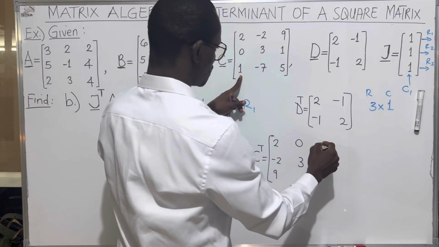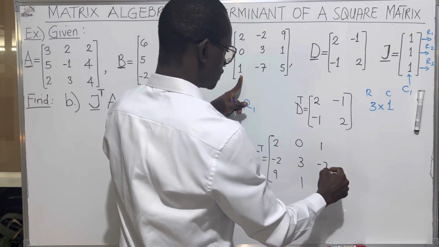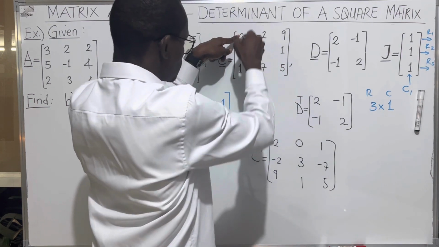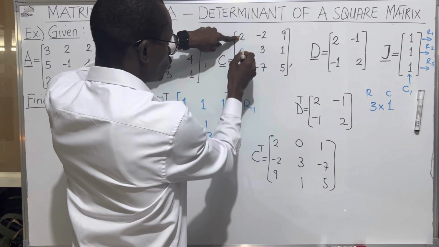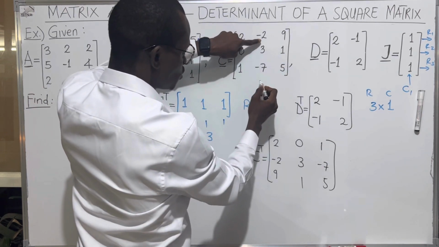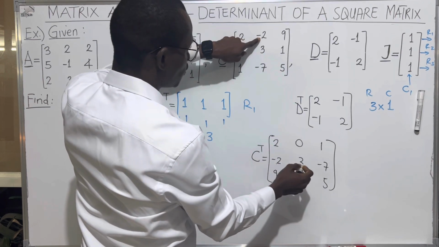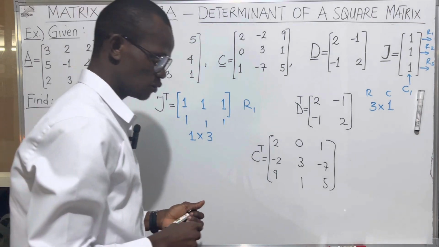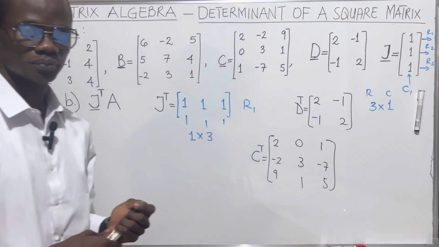The third row I change to a column: 1, 7, and 5. It's the same as saying this first column I change to a row, 2, 0, 1. The second column I can change to a row, minus 2, 3, and minus 7, and so forth. That's how we transpose a matrix.